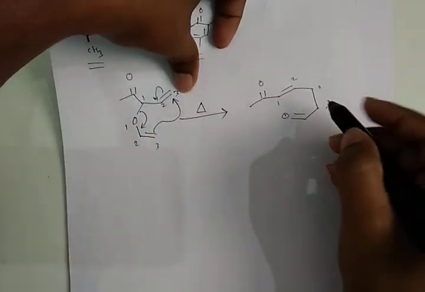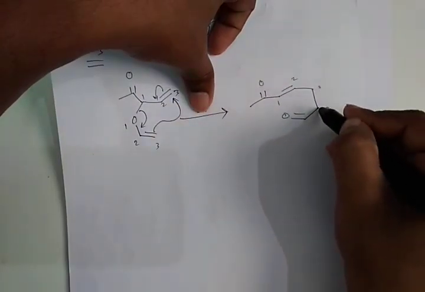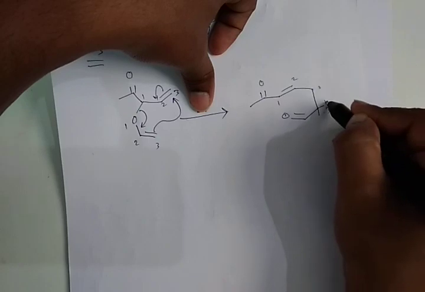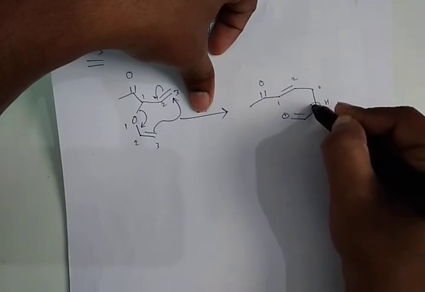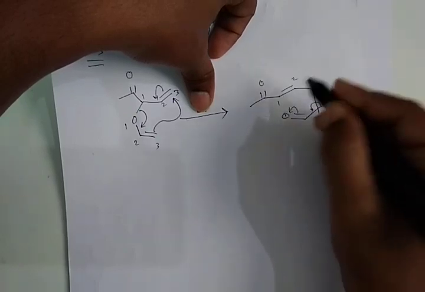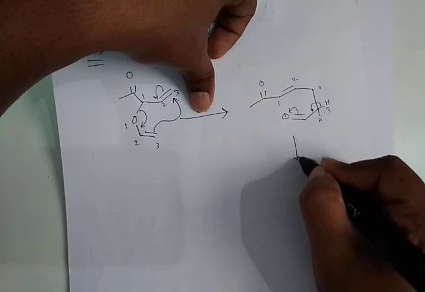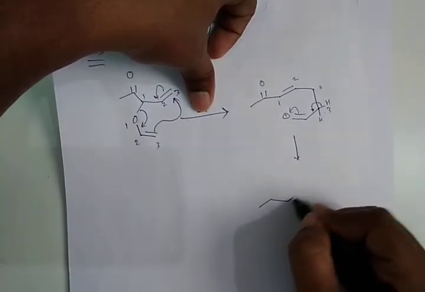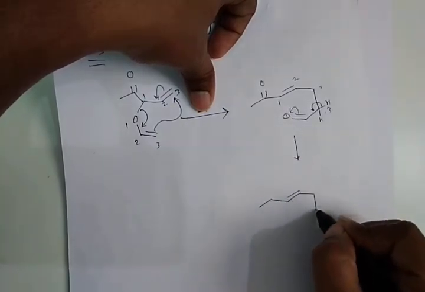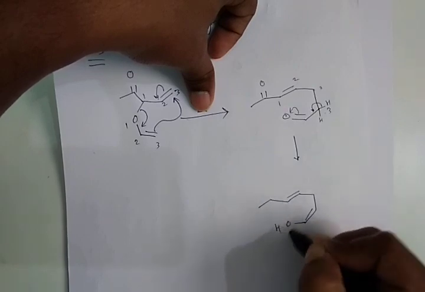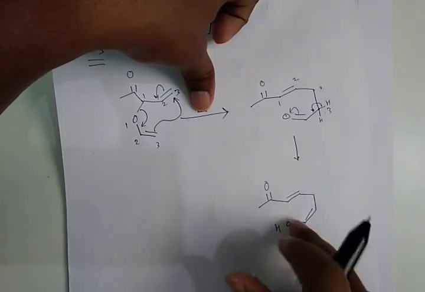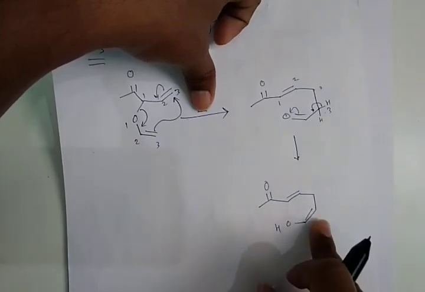If your hydrogen goes, and it makes such a bond, let's say double bond OH, what is this product called?